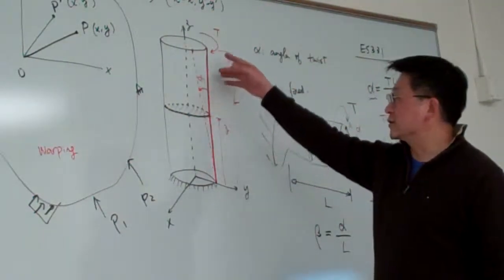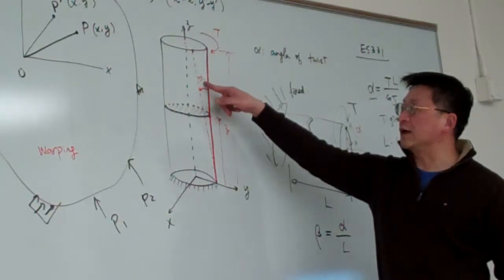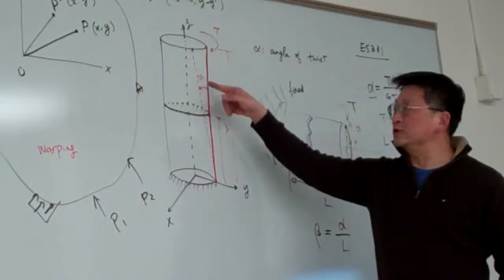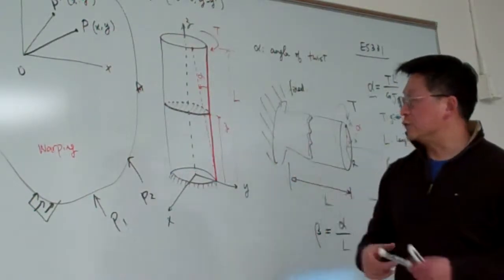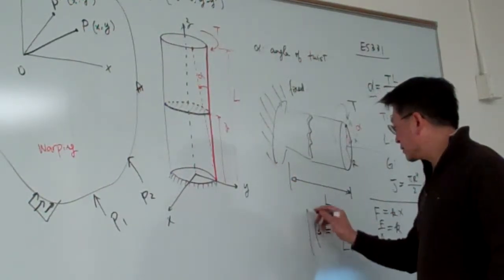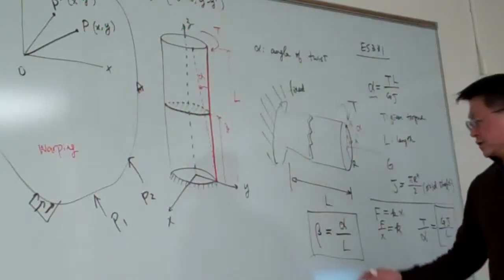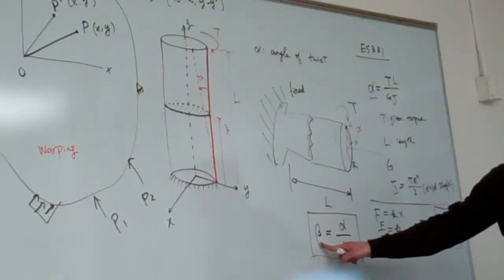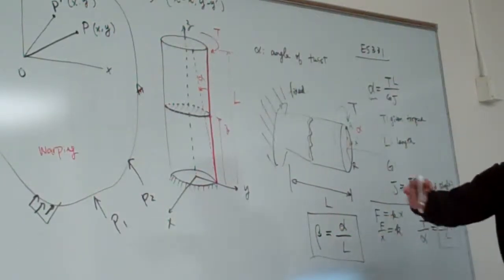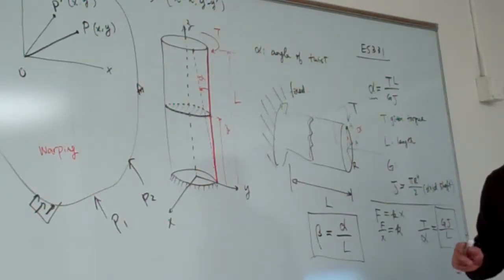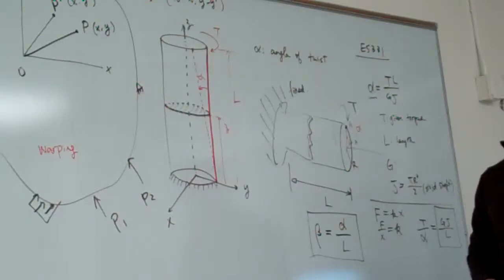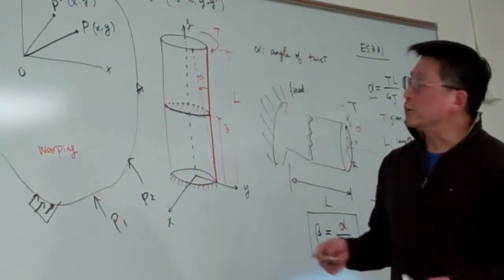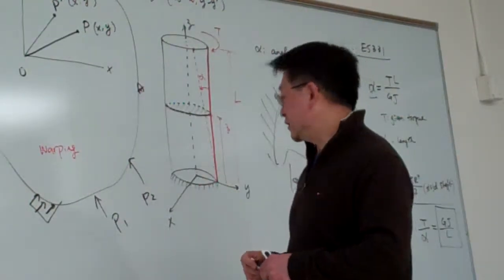In these sections, we reviewed alpha, the angle of twist, and then beta with this definition. Beta will be the symbol used from today throughout the whole lecture notes, and you will see beta appearing again and again. Then we move on to define the displacement.